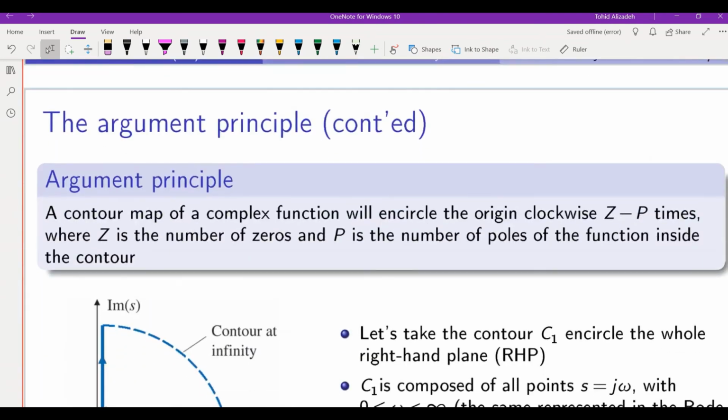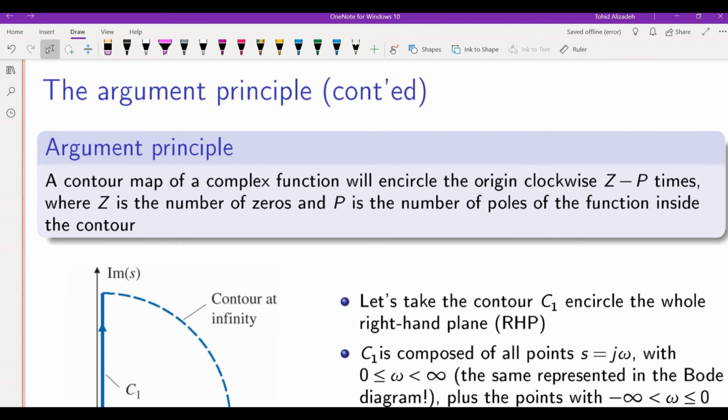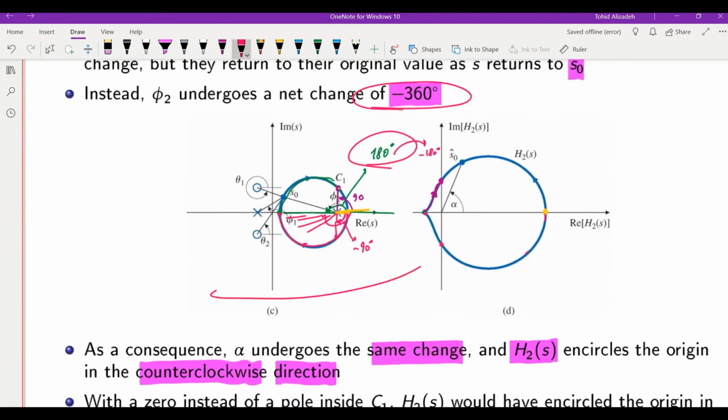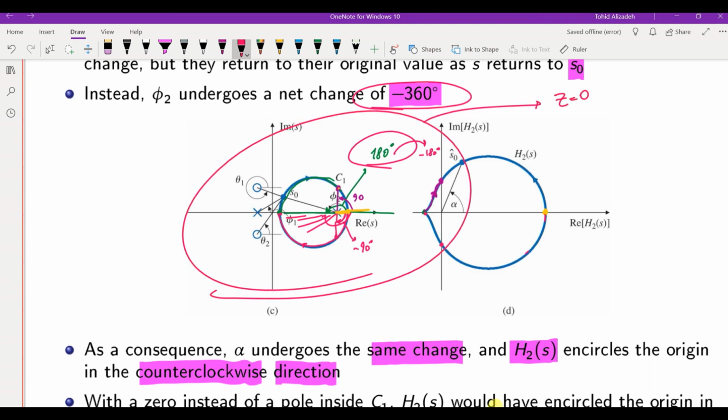Here we have the argument principle. A contour map of a complex function like H1 or H2 will encircle the origin clockwise Z minus P times, where Z is the number of the zeros and P is the number of the poles of the transfer function inside the contour. So for the example that we had here, we have no zeros inside the contour, so Z is equal to 0.